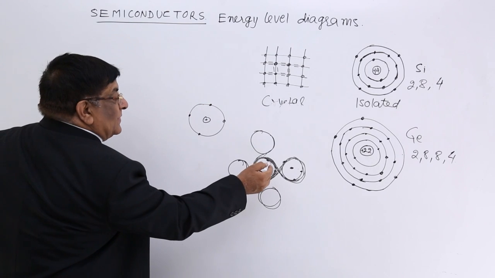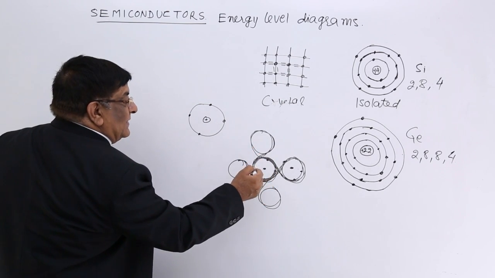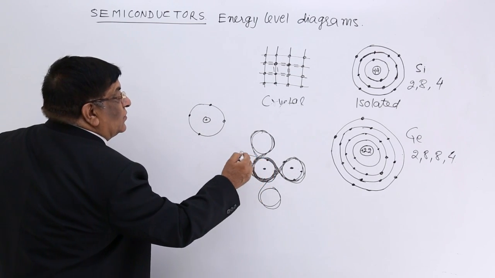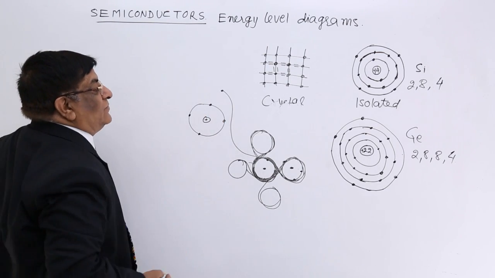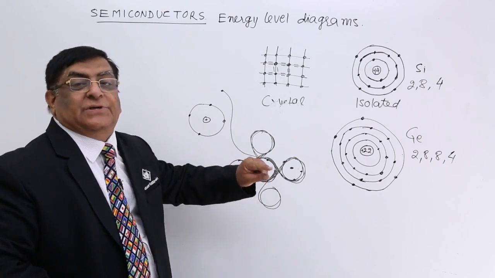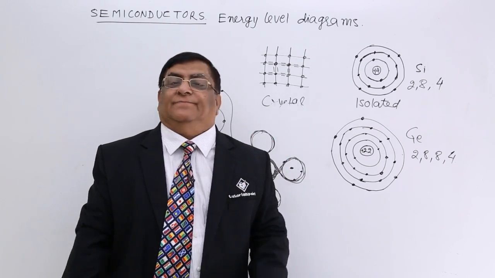Its usual job is to rotate here, rotate here, rotate here, rotate here, and now it has got energy. Now it has got energy, so it will go like this. Come out from this duty of making valency bond fulfilled.